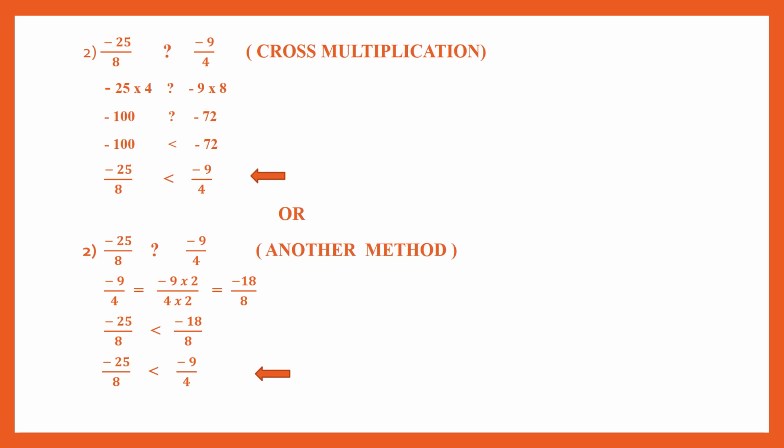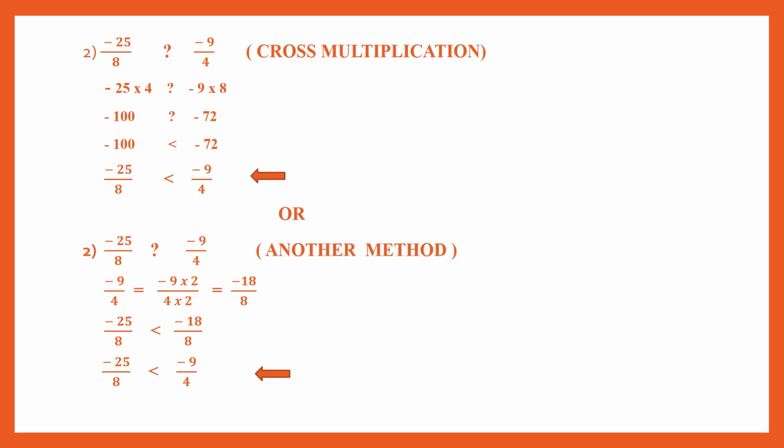Minus 100 would be lesser than minus 72. Minus 72 is closer to 0, closer to the right side of the number line, so it would be greater. We write the question back again. Minus 25 upon 8 would therefore be lesser than minus 9 upon 4.